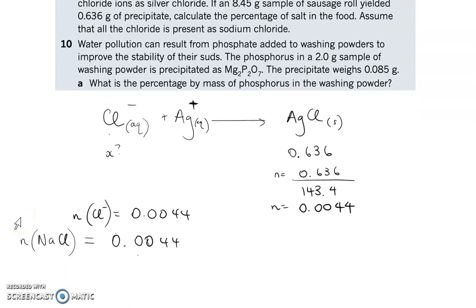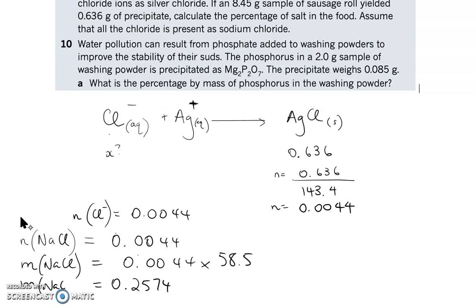Okay, so this is how many moles of sodium chloride I have. The question's asking me about the percentage by mass, so I'm going to have to convert this value to the mass of sodium chloride, and that's going to be simply a matter of multiplying this value by its molar mass. So the molar mass of sodium chloride is 23 plus 35.5, which is 58.5. So I'm going to multiply that by this.